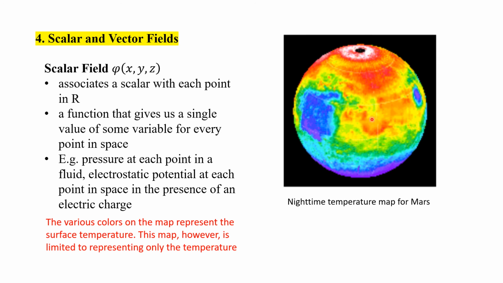So you see the color here represents how hot or how cold the temperature is on the surface of Mars. Okay, so your scalar field is a field that associates a scalar with each point in the space R.